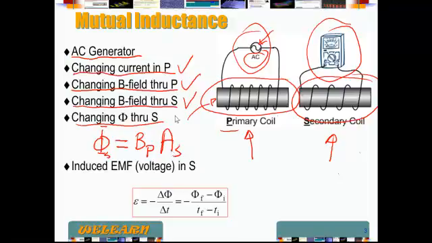So since B_p is changing, the flux through the secondary is going to be changing, which in turn means we are going to have an induced current in the secondary according to Faraday's law.